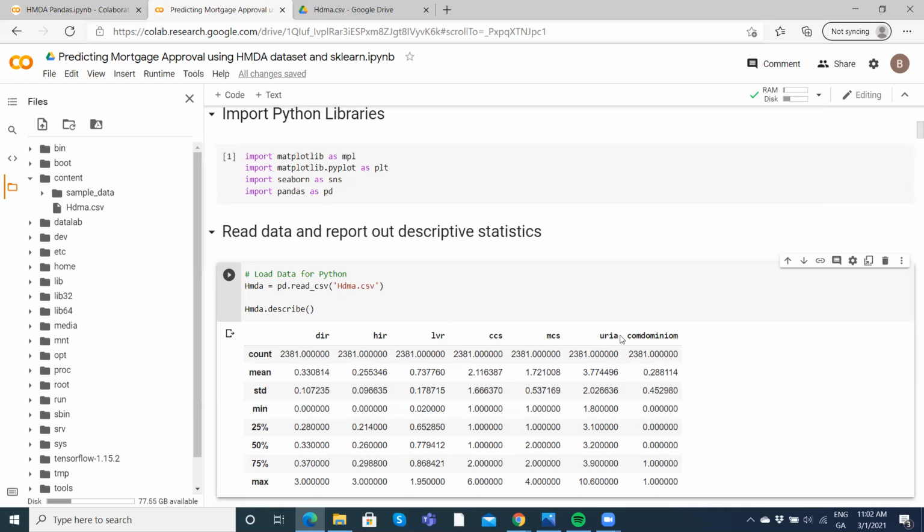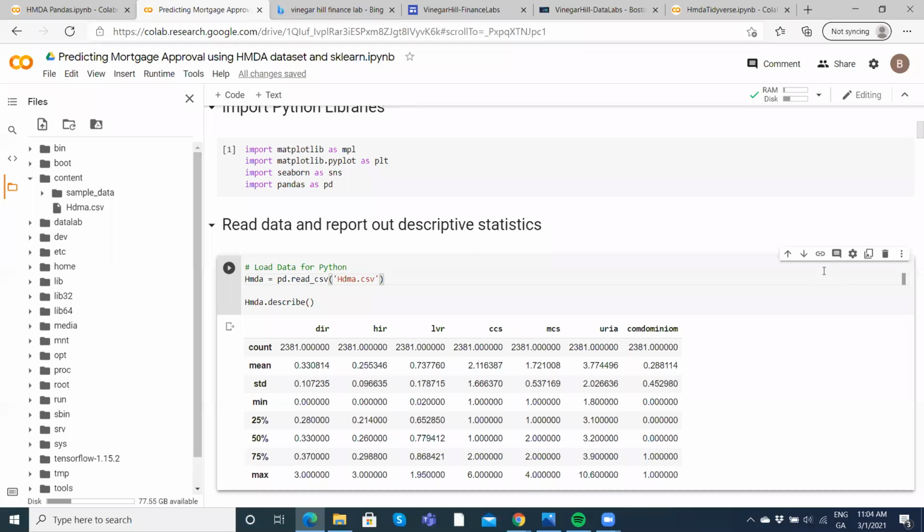So each row in our data set is made up of applicants, and we have here data relating to the unemployment rate in a given applicant's profession, and then condominium, which is misspelled, but it's I suppose an apartment, right? Okay, so we have some descriptive statistics, but this is not the entire data set.